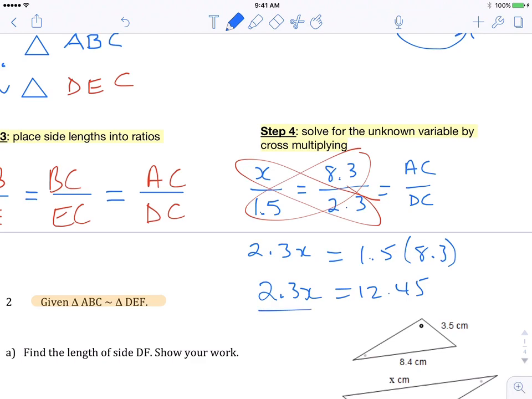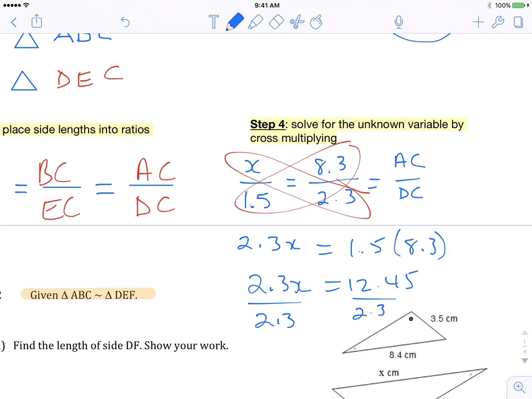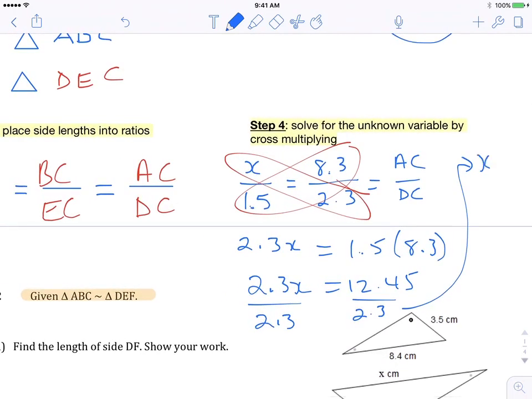If you divide both sides by 2.3, we end up with x equal approximately 5.4 meters.